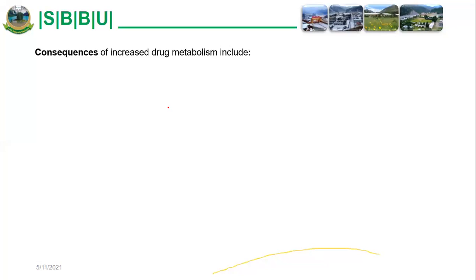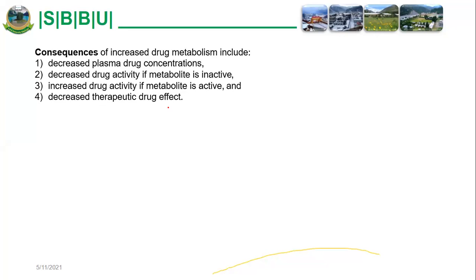What are the consequences of increased drug metabolism? If certain drugs induce certain cytochrome P450 systems, they increase drug metabolism. The first consequence is that it decreases the plasma drug concentration. As you know, there is a therapeutic range and a toxic range.